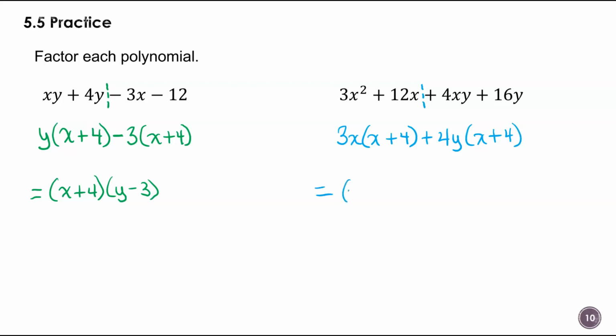It's always good when your parentheses are the same, and if not, then you need to just double check and make sure that you didn't make a mistake. X plus 4 times 3x plus 4y, because that's what's left over once I have factored out my x plus 4.